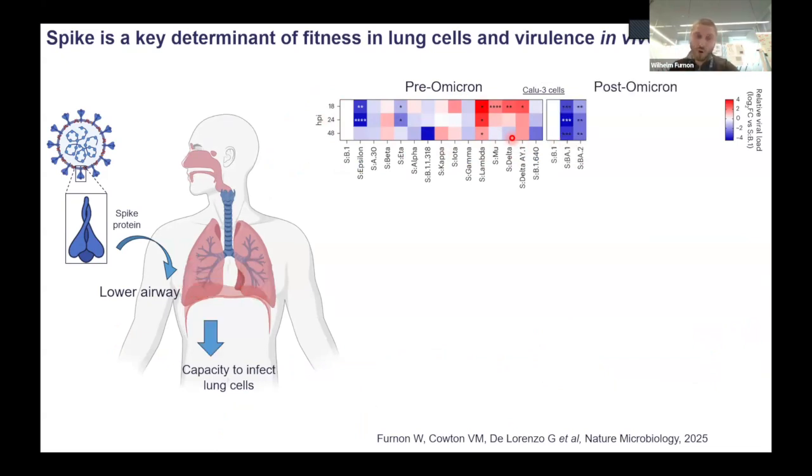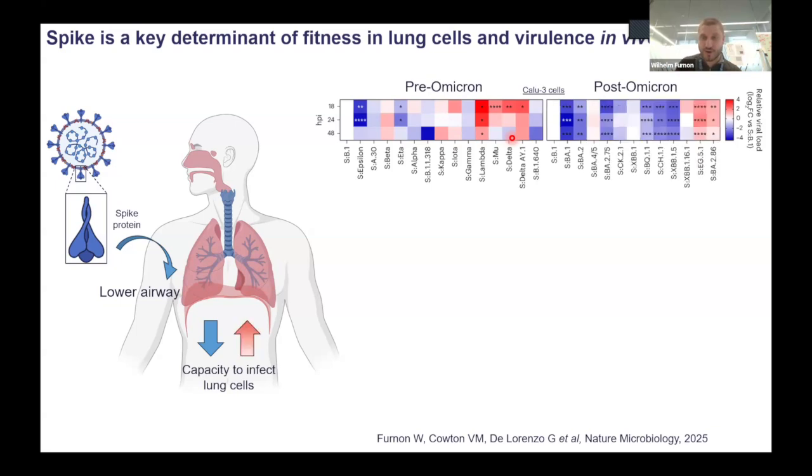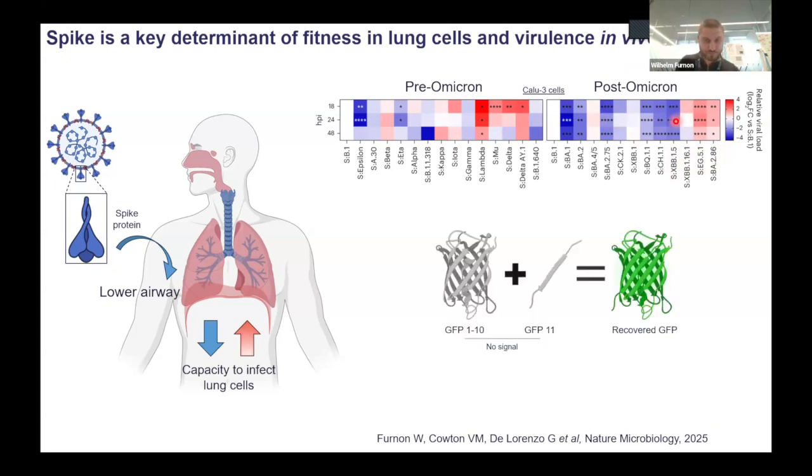Then from the emergence of the first Omicron, we could observe a drastic and significant reduction in the replicative fitness in lung cells, which was maintained in subsequent Omicrons until the most recent ones, like XBB.1.16, EG.5.1, or BA.2.86, which did recover the capacity to infect and replicate fine in lung cells, to the same level as wild type, or actually even better.